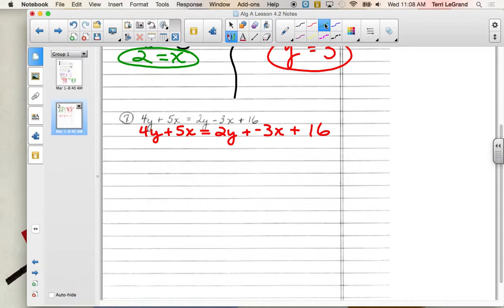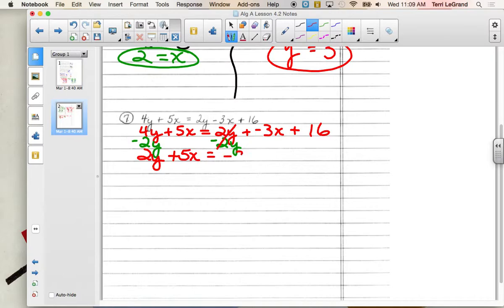Because we can read addition backwards, so 2y is being added, so we would subtract, wouldn't we? As long as you do the same thing on both sides, if you're adding and subtracting, you only have to do it once on each side. And so now we have 4y take away 2y. What is that? 2y. Then we bring down our plus 5x. And then these cancel out.